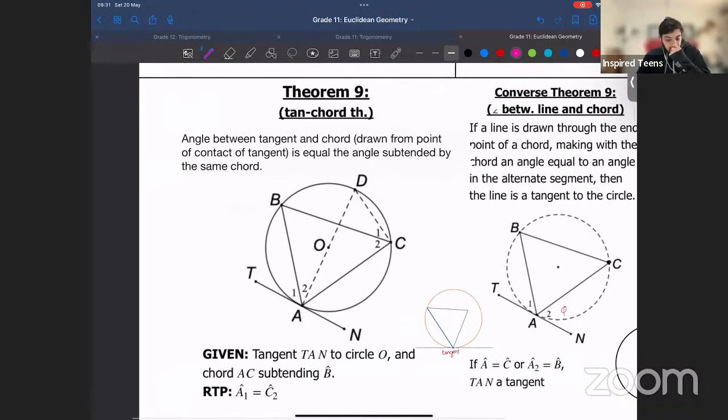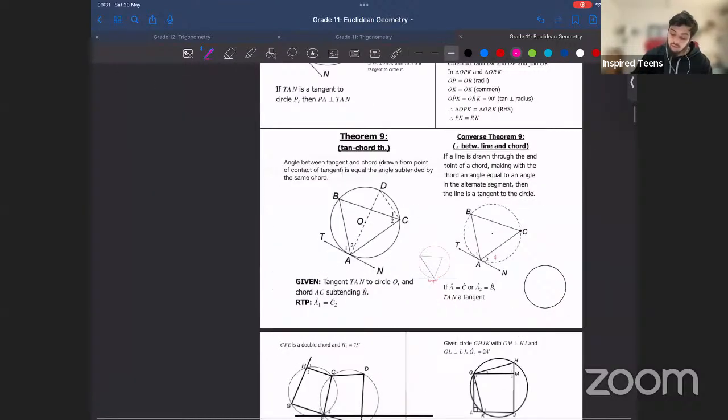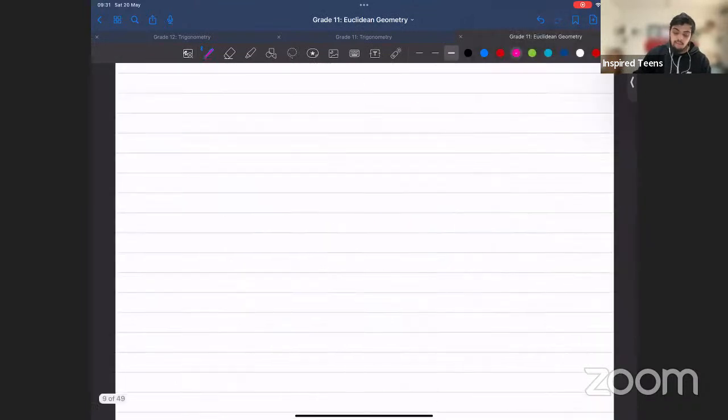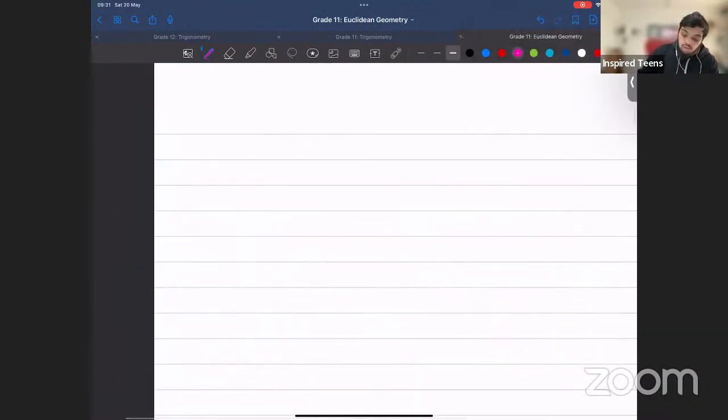Let's look at theorem 9, tan-chord theorem. Angle between tangent and chord drawn from point of contact of tangent is equal to the angle subtended by the same chord. So let us do our own thing for a second. Let's draw up our own little circle and discuss this tan-chord theorem.